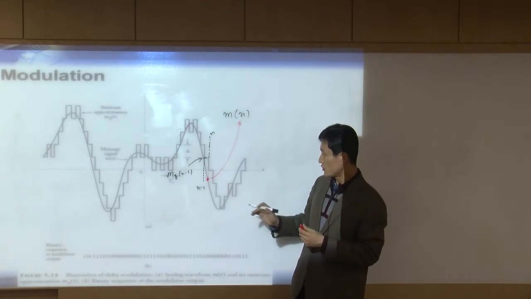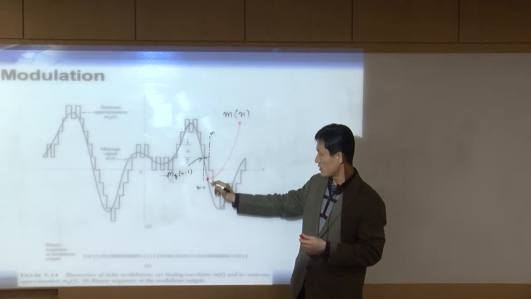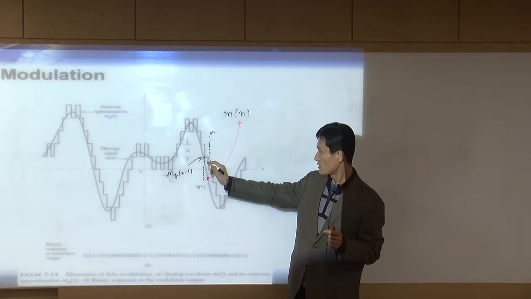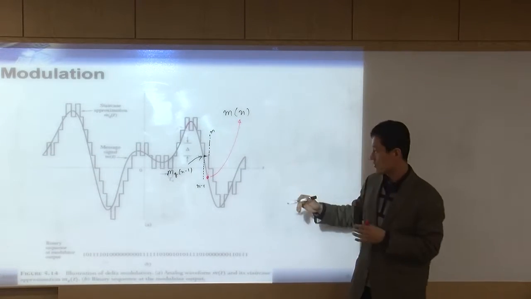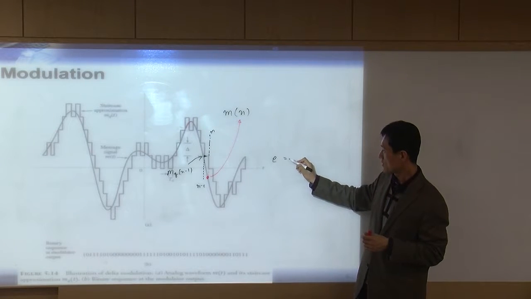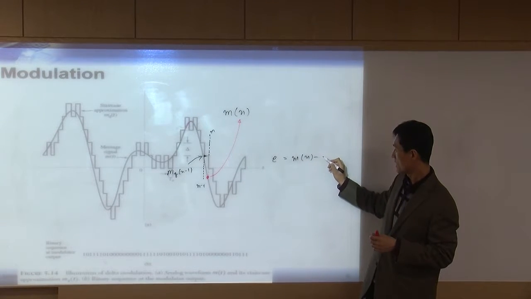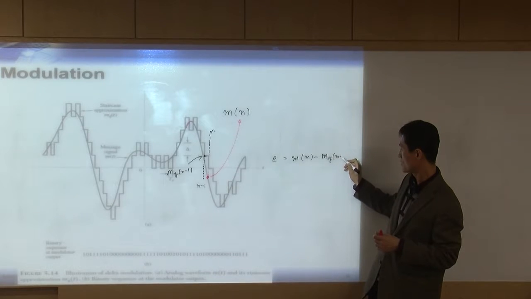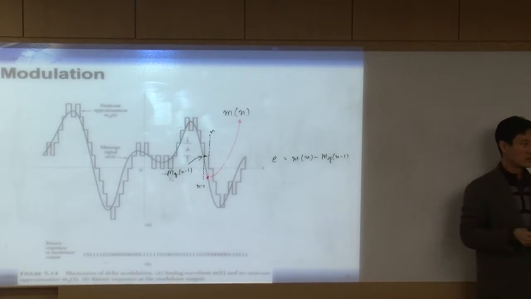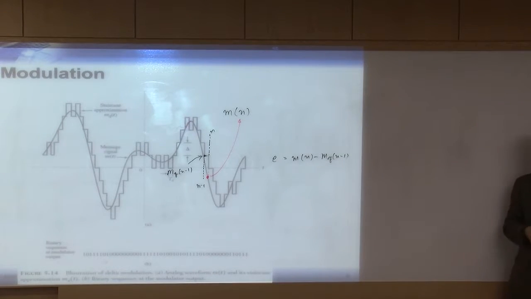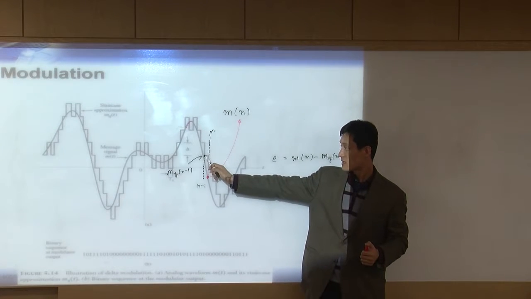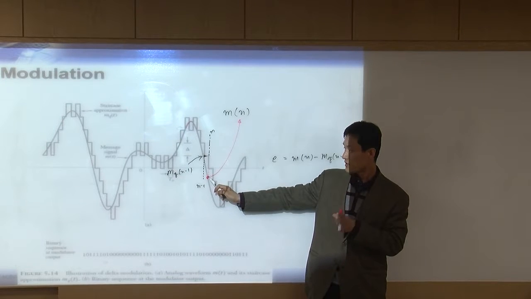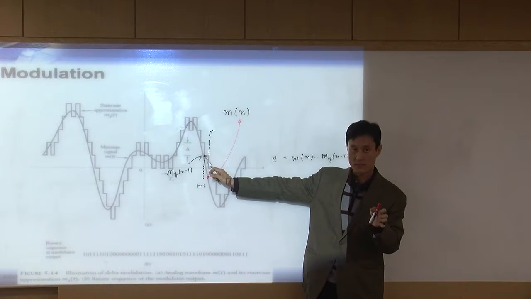What you are trying to do is compare this value, the red dot, with the previous m_q[n-1]. You just compare. How do you compare? e equals m[n] minus m_q[n-1], right? That's what you're doing on the first line, right? So this one minus this. The later sample, the next sample, minus the previous sample.